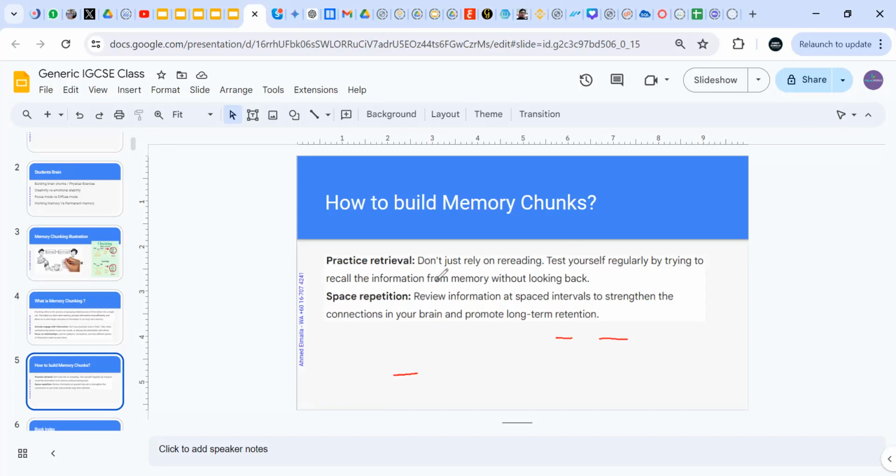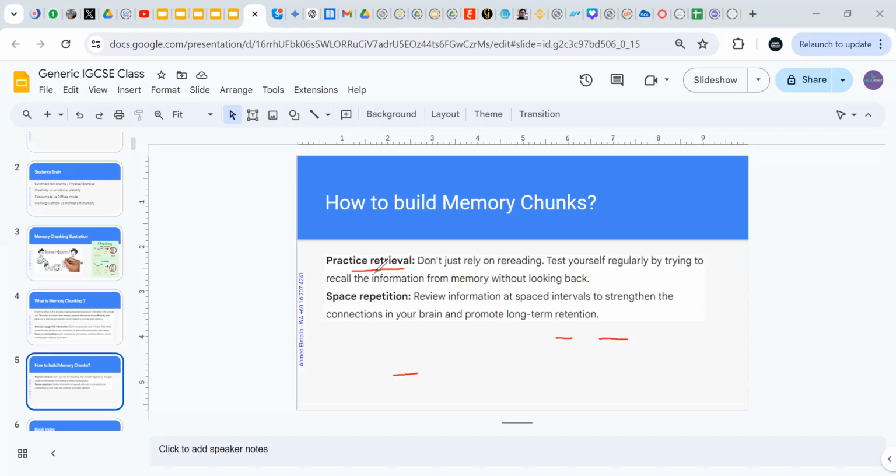To make the information stick in your brain, you have to do two things here. You have to practice retrieval. Some students, before the exam, say, "Oh, I want to reread all the syllabus," but that does not really help. What you really need to do is close the book and try to retrieve the information blindly.